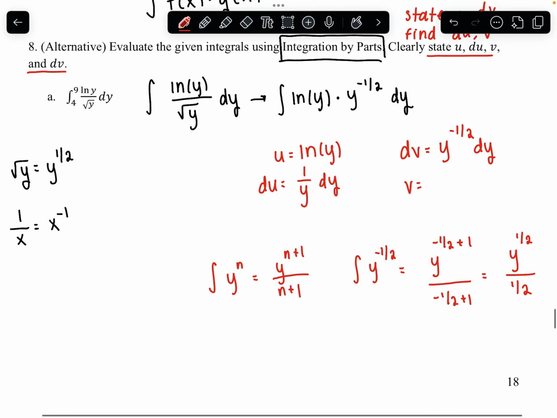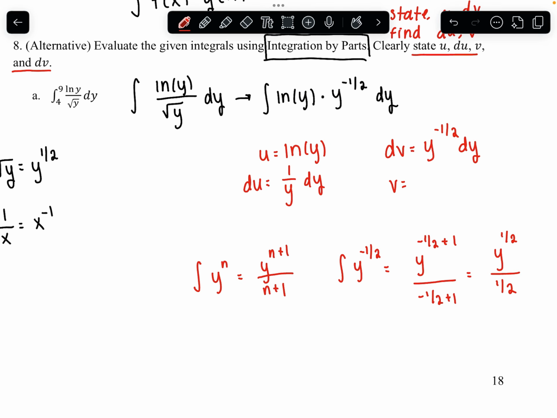Now, I hate the way this looks, so I'm going to write this as 2y to the 1/2, because division by a fraction is multiplication by the reciprocal. Great. Now we have our v.